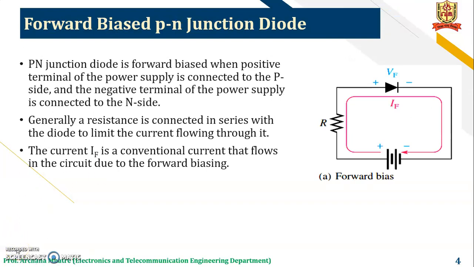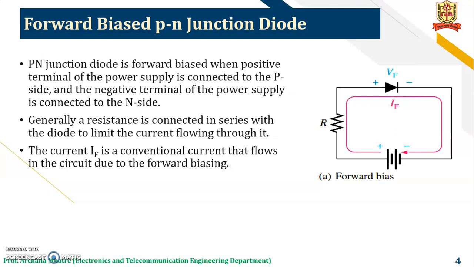Now first we will see the forward biased PN junction diode. So here is the diagram for forward biasing. This is a PN junction diode. When the positive terminal, that is the anode terminal of the diode, is connected to the positive end of the battery and the negative cathode is connected to the negative end of the battery, that combination is called forward biasing of the diode.